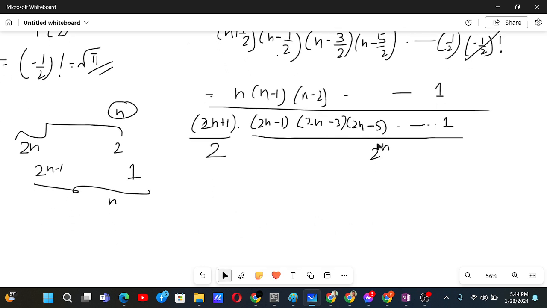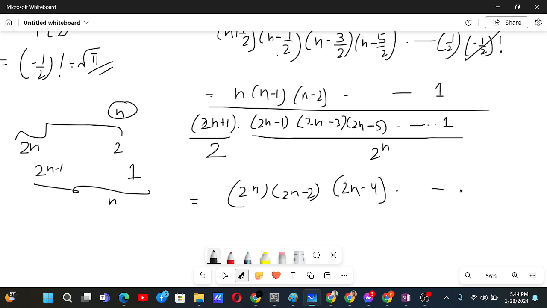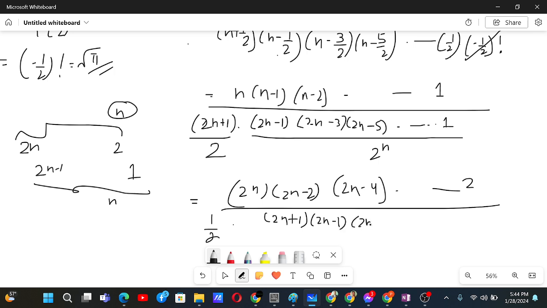Now we can take 2 to the power n in the numerator, and if I do that, what I will get is 2n, 2n minus 2, 2n minus 4, and so on up to 2. And also in the denominator I have 1 by 2 times this: 2n plus 1, 2n minus 1, 2n minus 3, and so on up to 1.